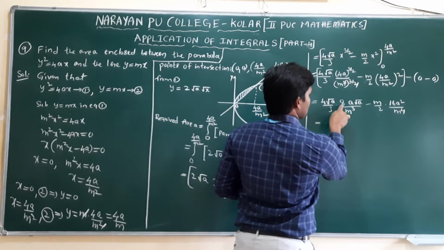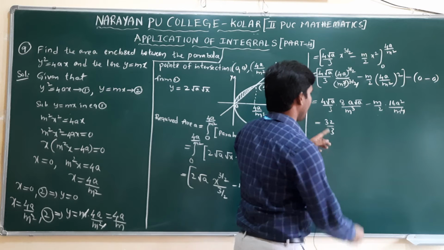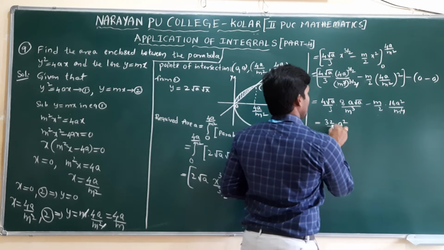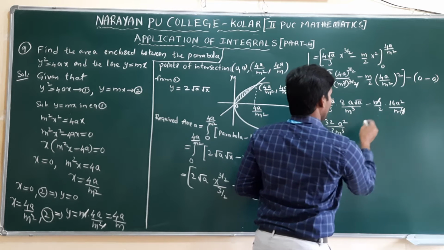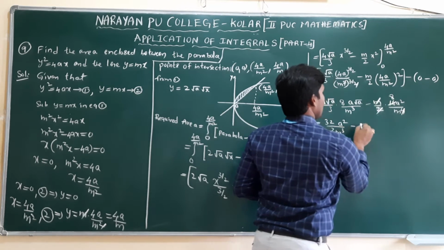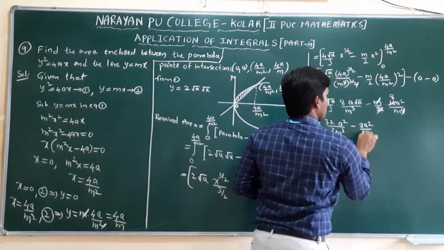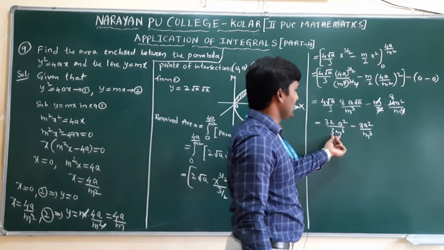Now 4 8s are 32 by 3, root a into root a into a square by 3m cube is there. One m value gets cancelled, cube will be there, and 2 8s are 8a square by m cube remaining. Again what is the LCM here? 3m cube.